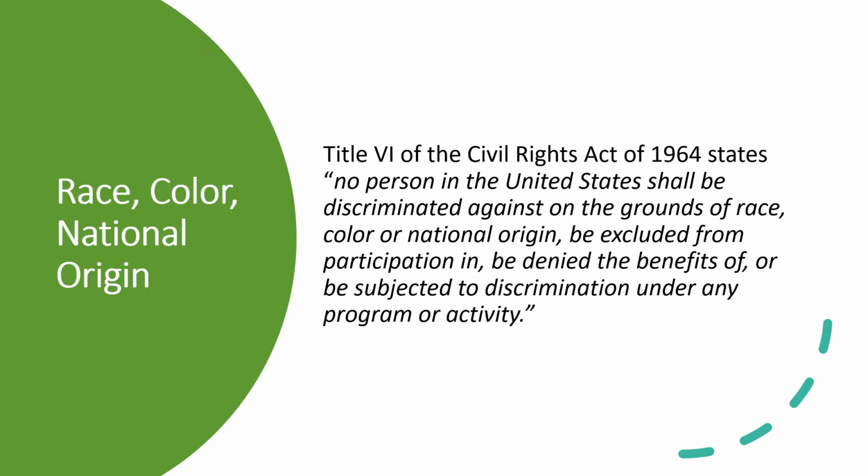No one in the United States shall, on the grounds of race, color, or national origin, be excluded from participation in, be denied the benefits of, or be subjected to discrimination under any program or activity receiving federal financial assistance.